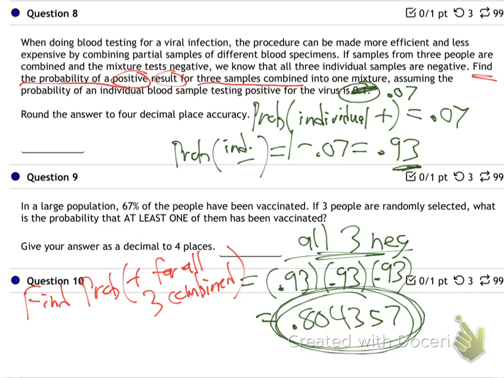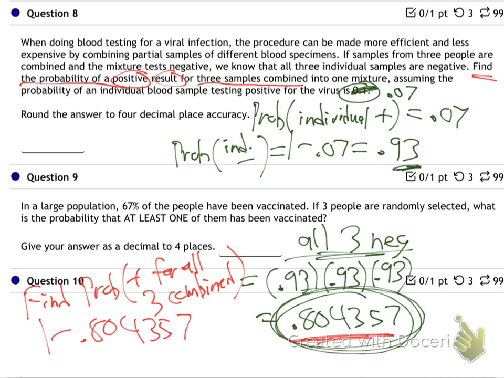Did you read all those words in that paragraph and understand them? They're saying when they dump those three blood samples together into one petri dish, if any one of them had the virus, then the whole batch will test positive. So that's the opposite of all three being no, no, no, isn't it? If the chance that all three are negative is this, then the opposite of that is 1 minus.